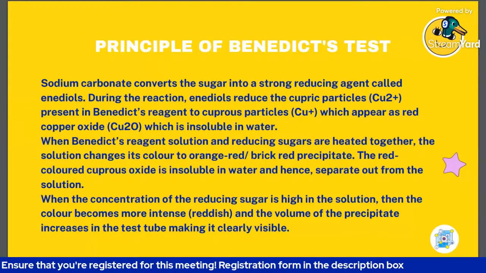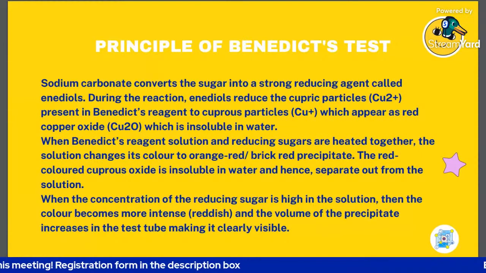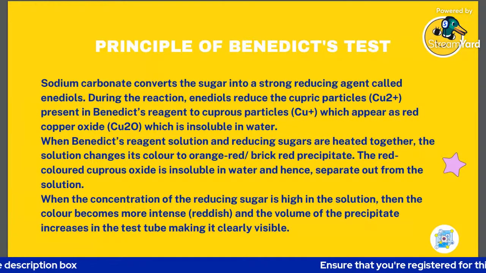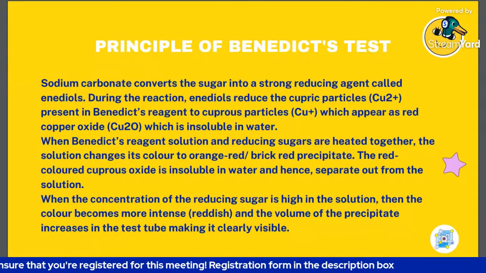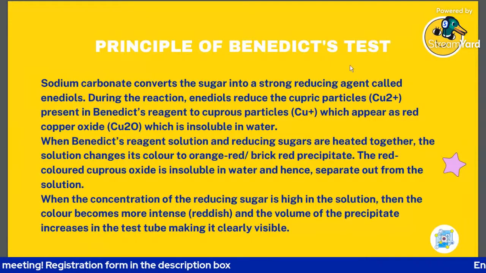The copper ion in copper oxide is actually copper 1. So it's been reduced from copper 2 in copper sulfate to copper 1 in copper oxide. And that brick red precipitate that you're going to see would be your cuprous oxide, Cu2O.